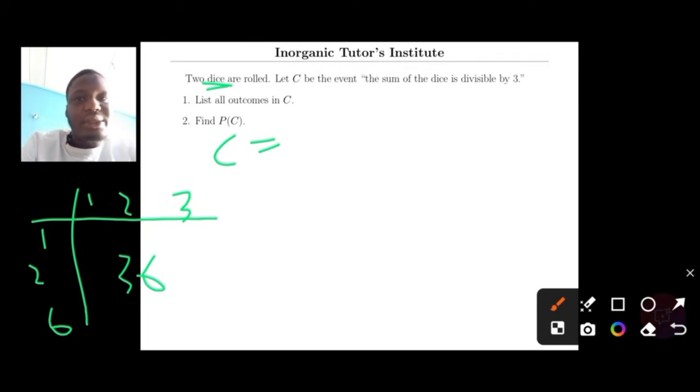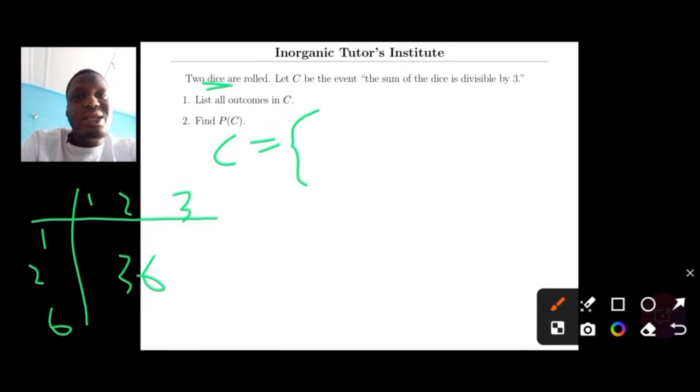So with this one, you can draw your table, or you should actually draw your table, and now use your eye to visualize which of them is divisible by 3. Alternatively, you can follow this approach, but in all, I would advise you draw the table, because with this approach, you are thinking through which ones, and with some low level of experience, you might end up leaving out some of the events.